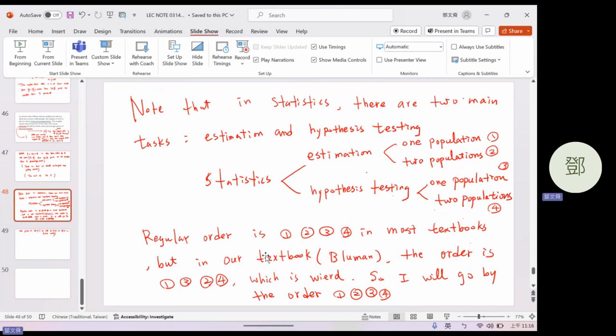So what I'm going to do is now we finished chapter 7, and now we will move to chapter 8. And then chapter 9, sorry. And then I will go to chapter 8 and then chapter 9. Okay.